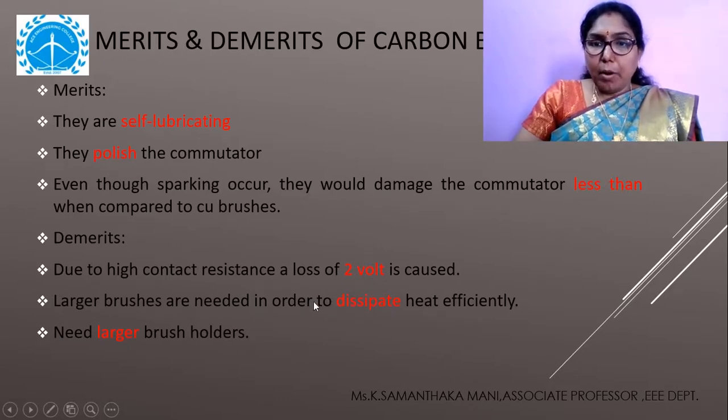But by choosing larger brushes, we need a larger brush holder, which is also taken care of. So comparing the demerits and merits, the demerits are not a problem. Why? Because we need sparkless commutation. For that, carbon material is chosen for the commutators. Right.